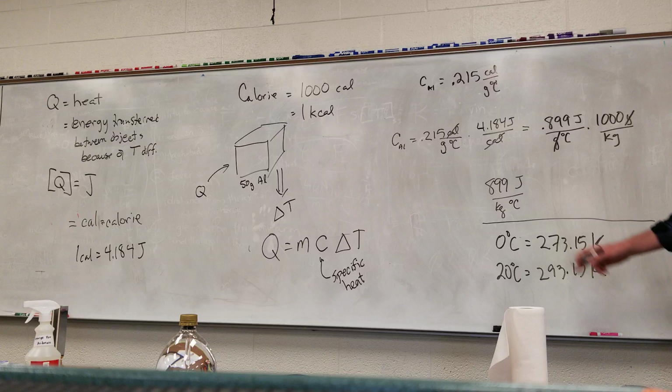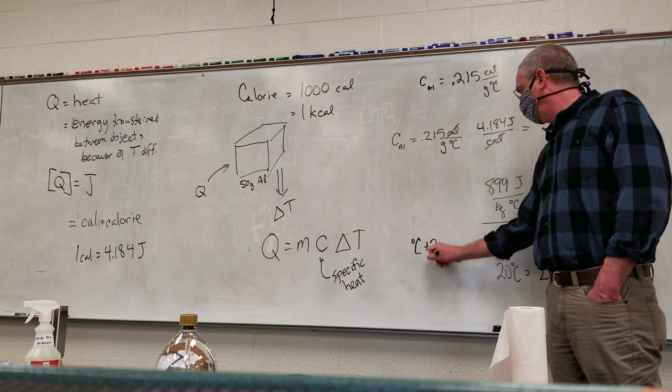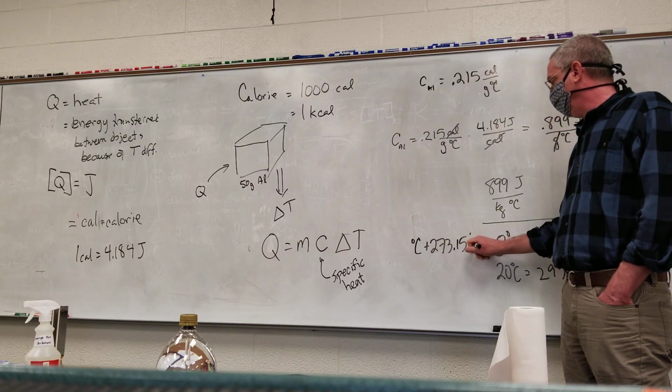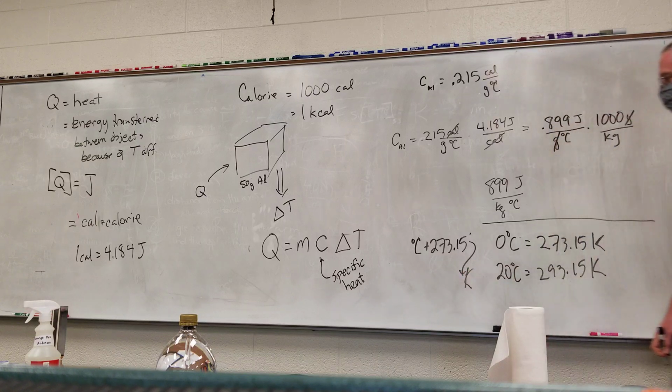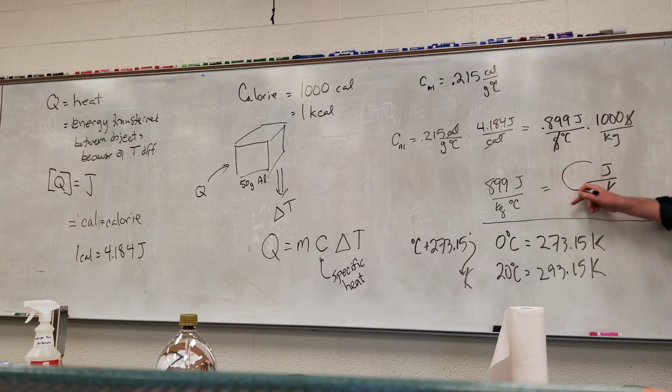In other words, all I'm doing is I take my degrees Celsius and I add 273.15, often just shortened to 273, and that gets me Kelvin. So if I'm converting this into joules over kilogram Kelvin, what's the number here?